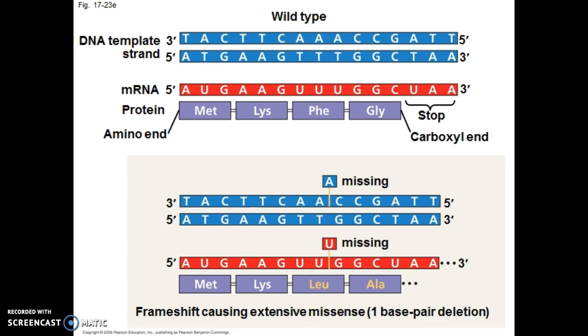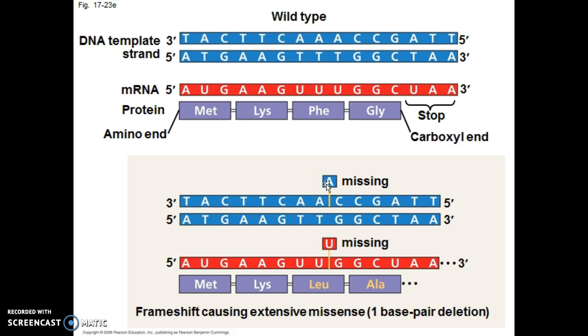So the next type of frame shift we're going to be looking at is called deletion. And once again, wild type mRNA, polypeptide, but we're going to delete the last A, it looks like, from PHE. So AAA, we're going to delete that nucleotide, and now it's going to be read as AAC instead of the AAA.